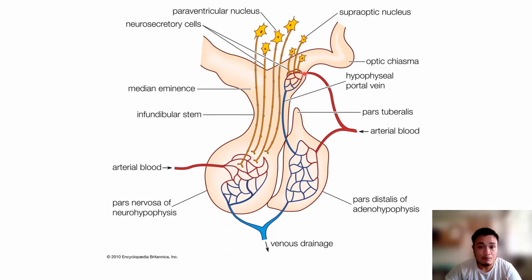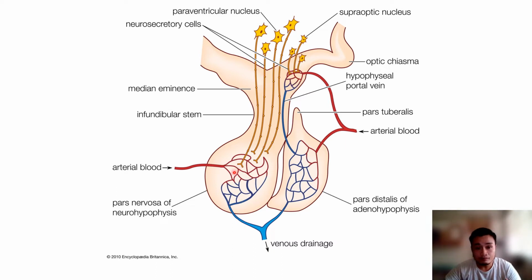Again, yung bundles of nucleus, the secretory nerves that are found in your hypothalamus. The cells here in your pars nervosa or your neurohypophysis are stimulated directly neurally by the axons of the supraoptic or paraventricular nuclei.